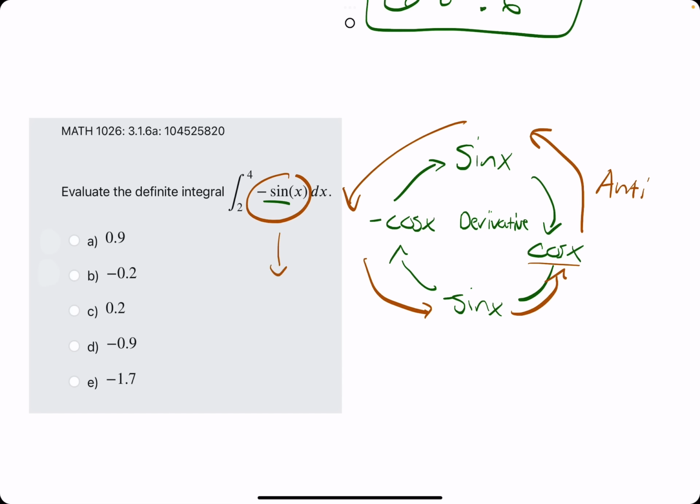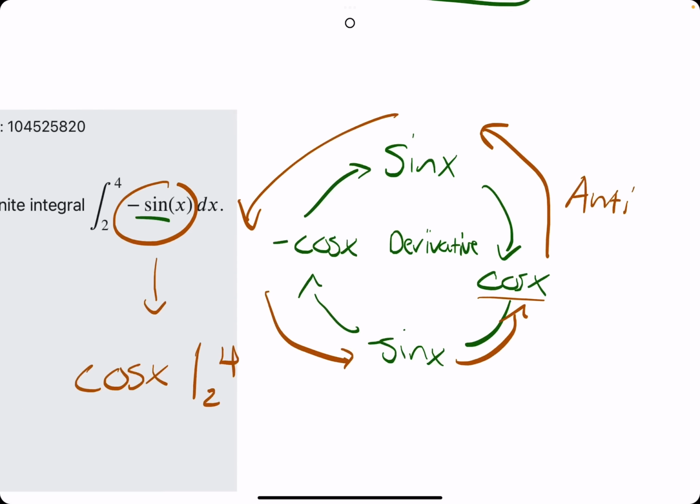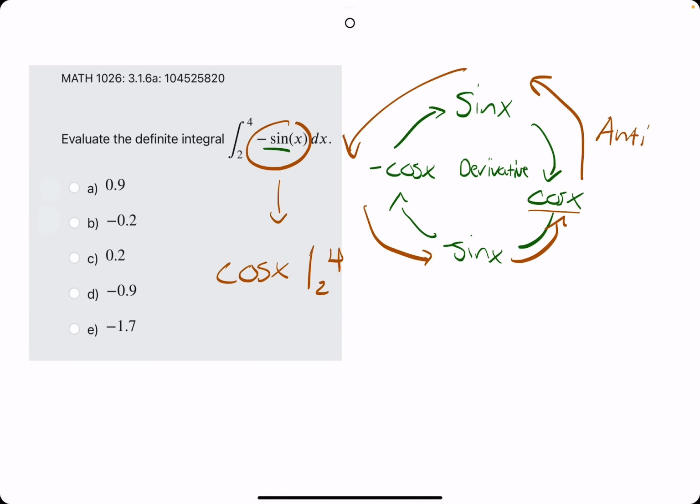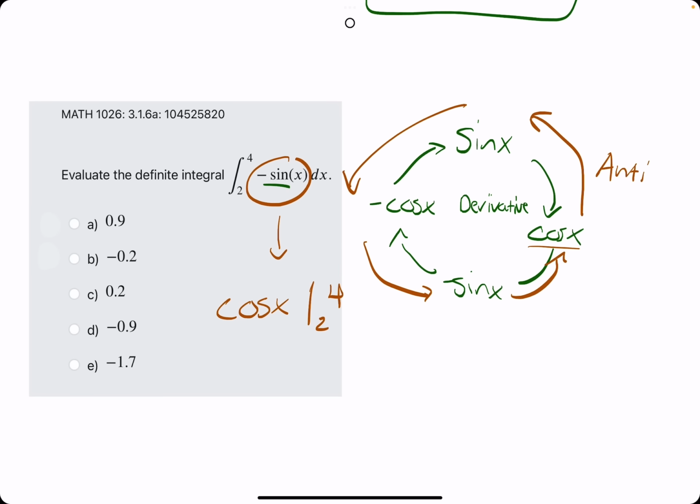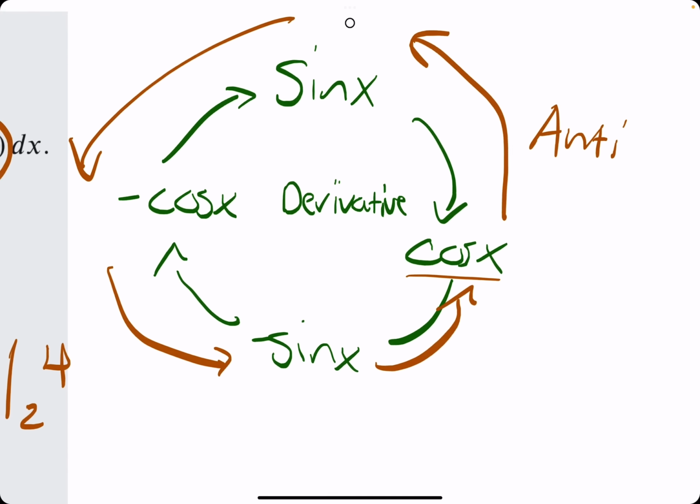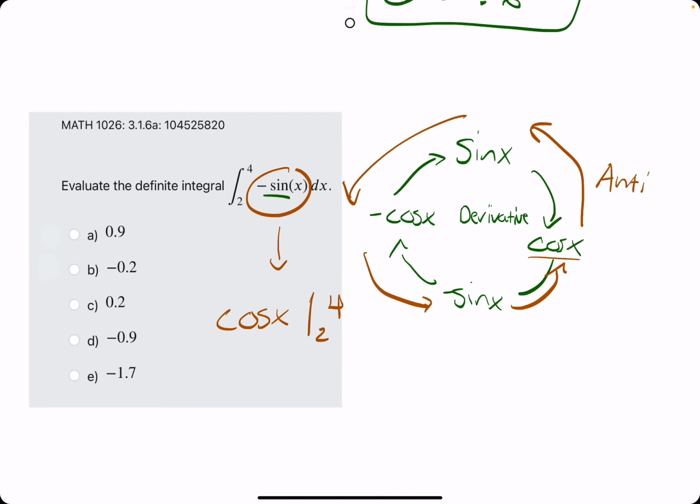So the antiderivative of negative sine is positive cosine. We evaluate that from 2 to 4. So again, in the counterclockwise orange arrow direction, we will be finding the antiderivatives, or this tells us the antiderivatives. And then in the clockwise direction, it'll tell us the derivatives as we go around.